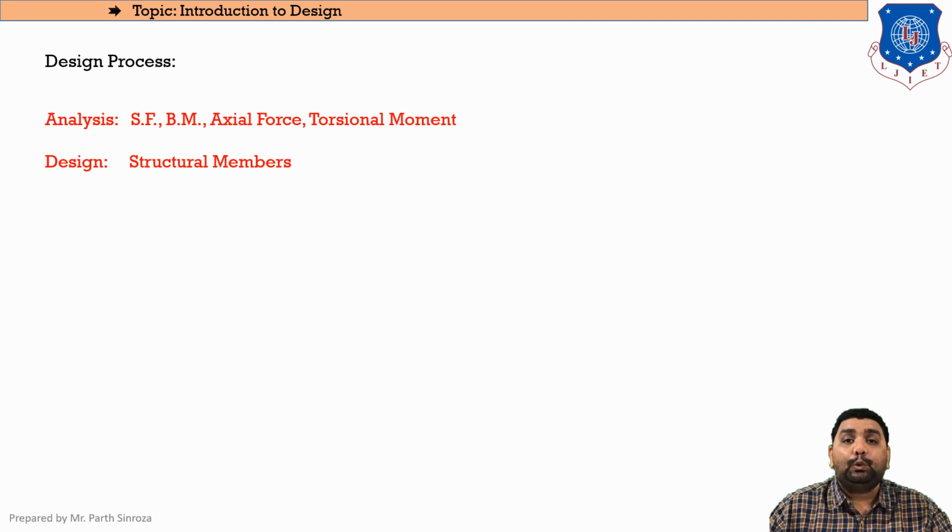So if you need to know the design, you must know the concepts or the basic fundas of mechanics of solids and structural analysis. So analysis, you have already discussed: shear force, that is SF, BM, that is bending moment, and axial force and torsional moment. You already know how to calculate it and where it will be acting.